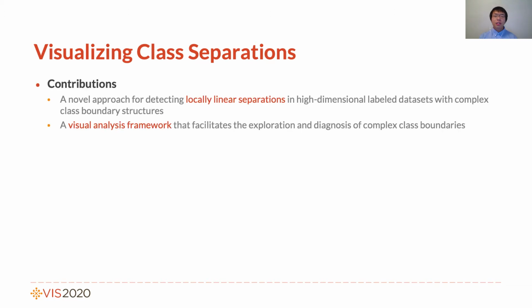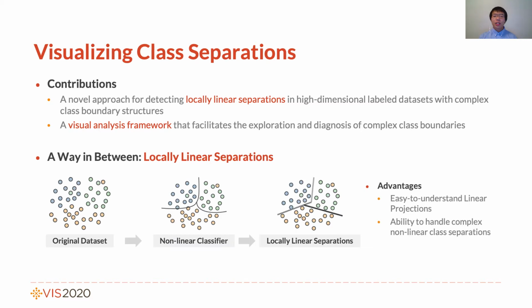To tackle the issue of balancing interpretability and distortion of intrinsic structures, we propose a visual analysis approach that enables the exploration and investigation of complex class separation structures. The core idea of our approach is inspired by the development of locally linear models in classification analysis.